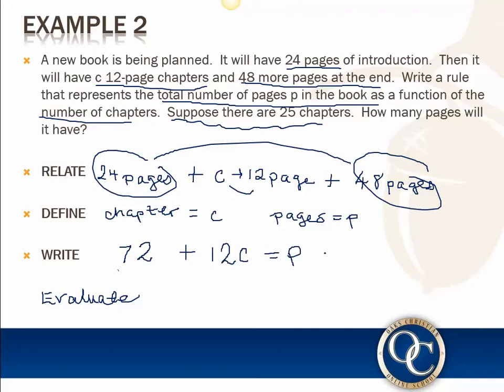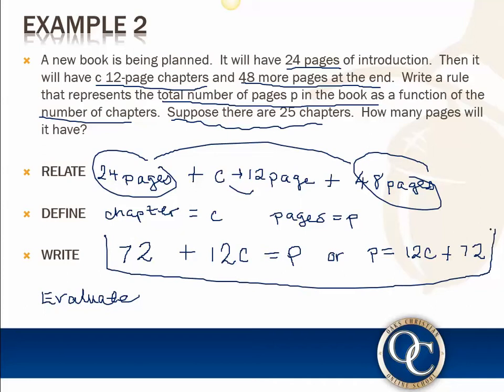So that's our function. Or, if you're like me, you like to write it with the variables in the front, so I'm just rewriting it that way. This is the rule to represent the function. It could be either this one or this one.